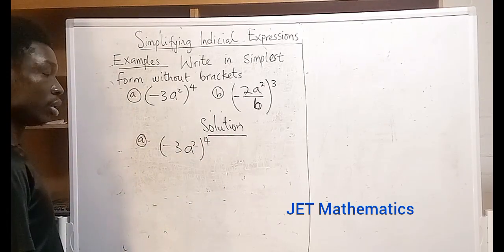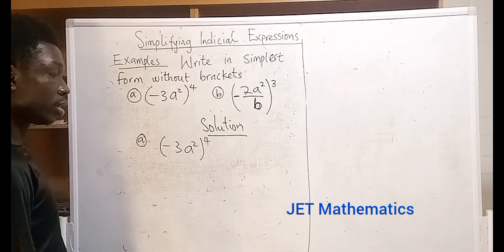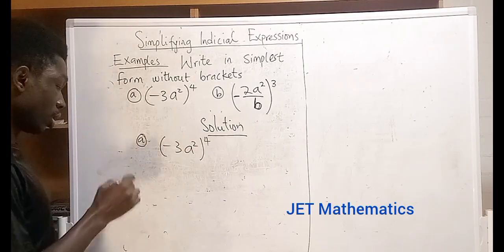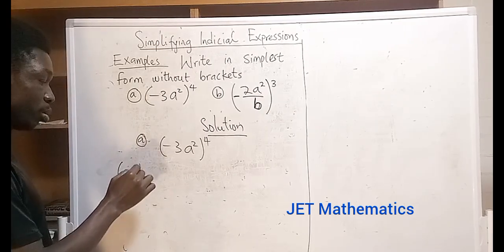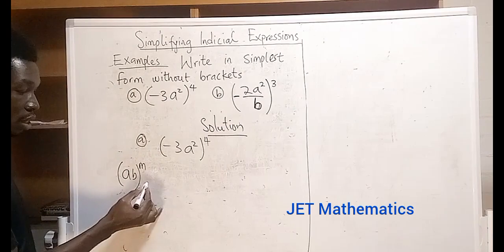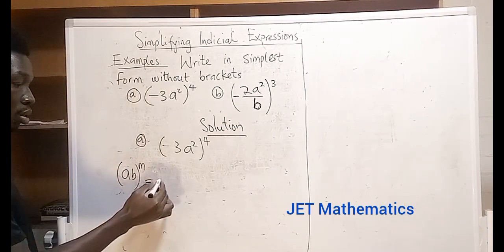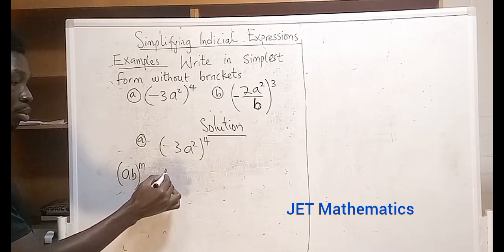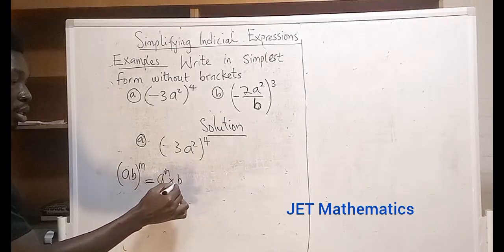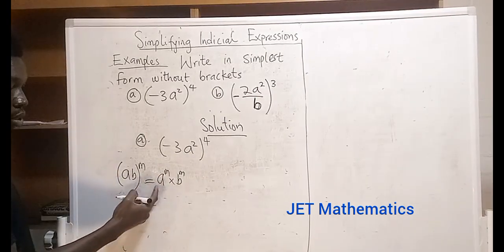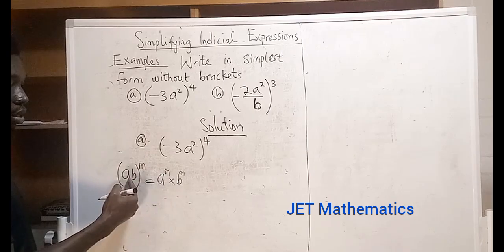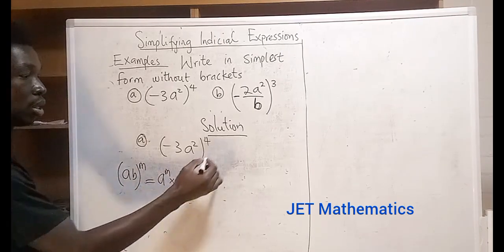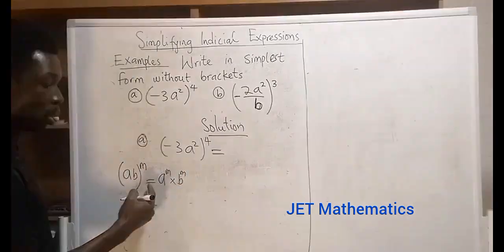We apply the law that says (ab) raised to the power m is equal to a raised to the power of m times b raised to the power of m. Everything raised to this power is the same thing as each of them raised to the power, multiplying each other. So we apply that law here.